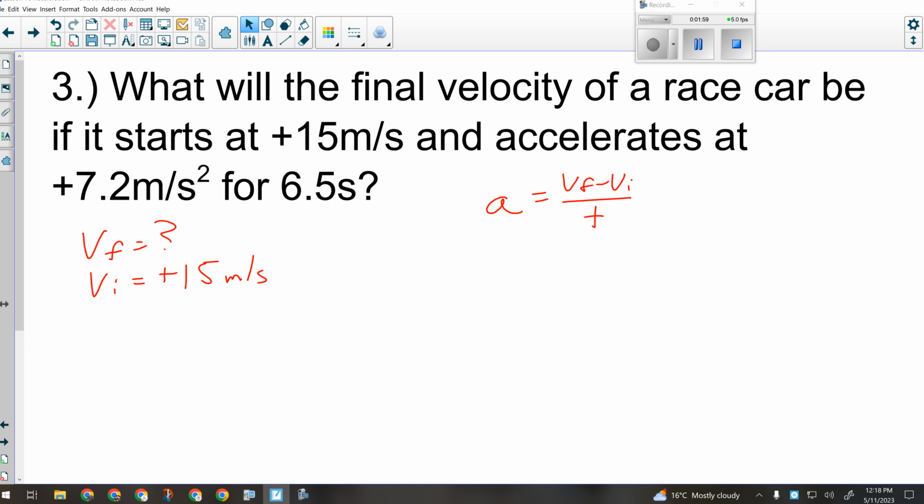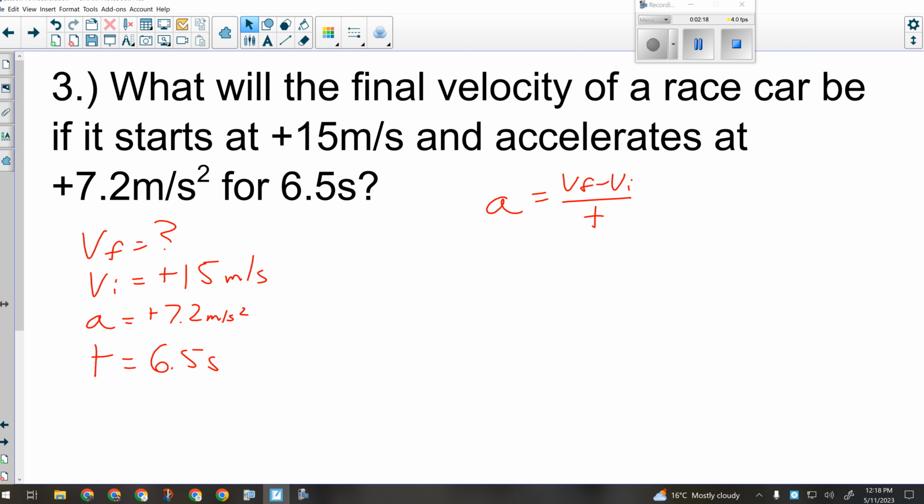What did they give me there? They gave me the acceleration. I can tell that from the context of the question, where they said it accelerates at this rate. That's always a dead giveaway, but also from the units. Then they tell me that it does that for 6.5 seconds. Seconds is always a unit for time, so I know that that's t.